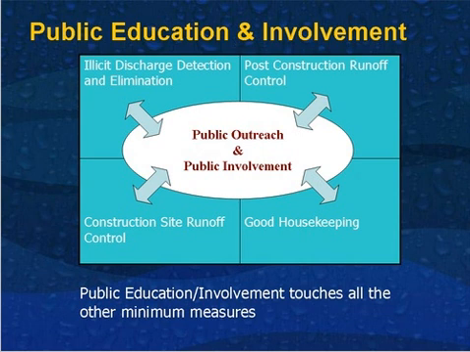So first, a little bit about public education and involvement. And it occurs to me that this is one of our more fundamental pieces of the stormwater program. If you think back to that map that I just showed you, something like 70% of the population of the United States is essentially covered by the NPDES stormwater program.